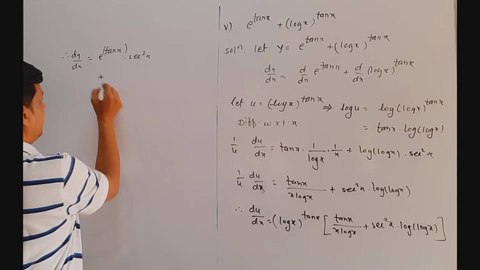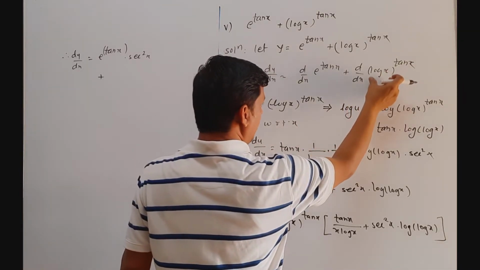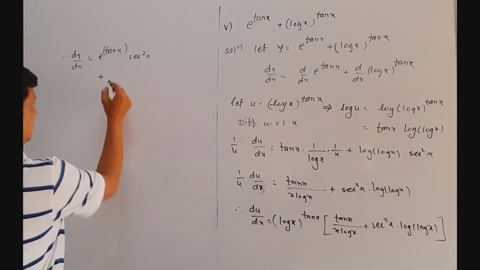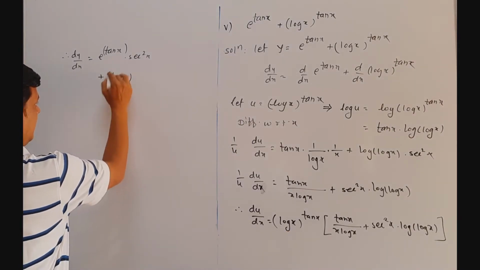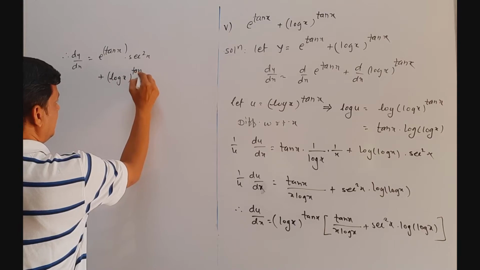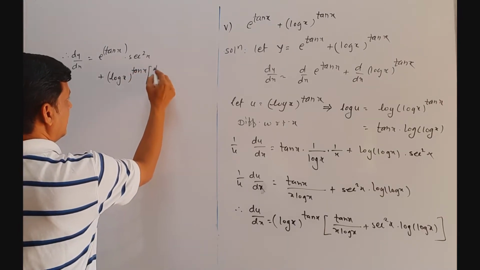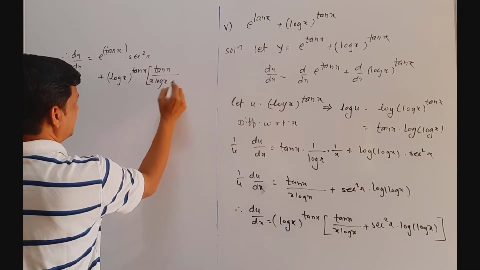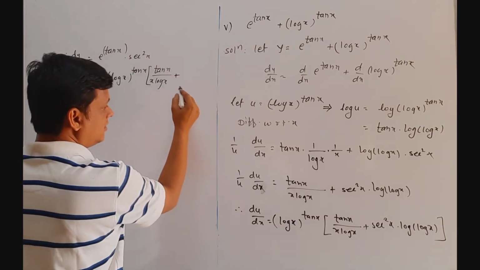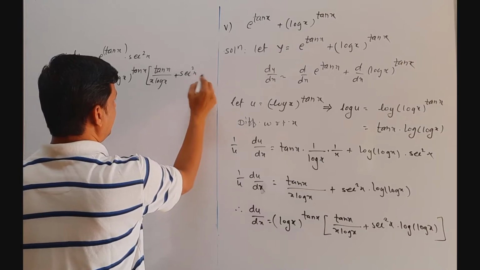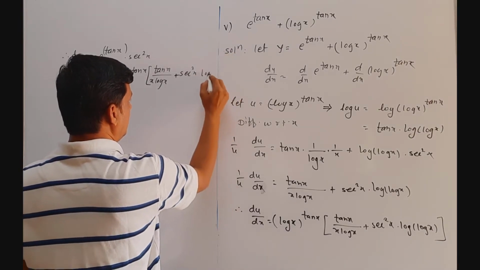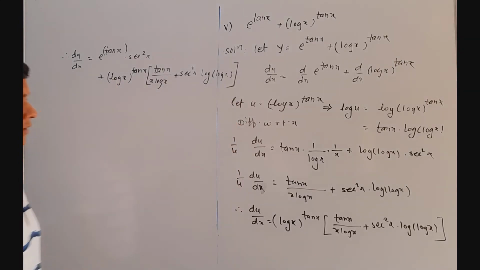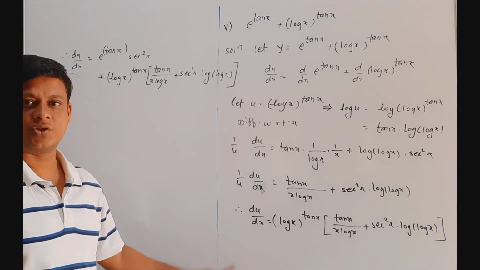Then we write the derivative of log x raised to the power tan x, that is du by dx, which is log x raised to the power tan x into tan x upon x log x plus sec square x into log of log x. So in this way we differentiate the given function.